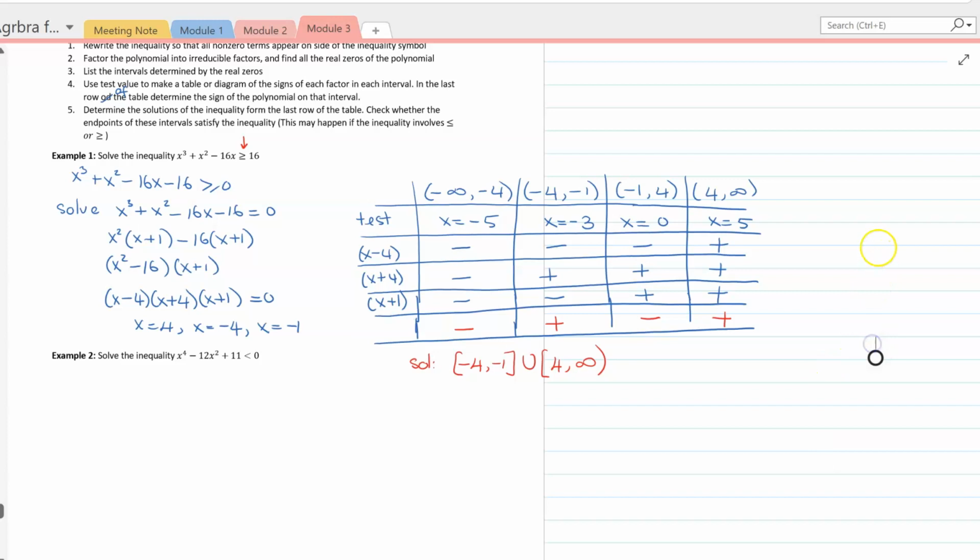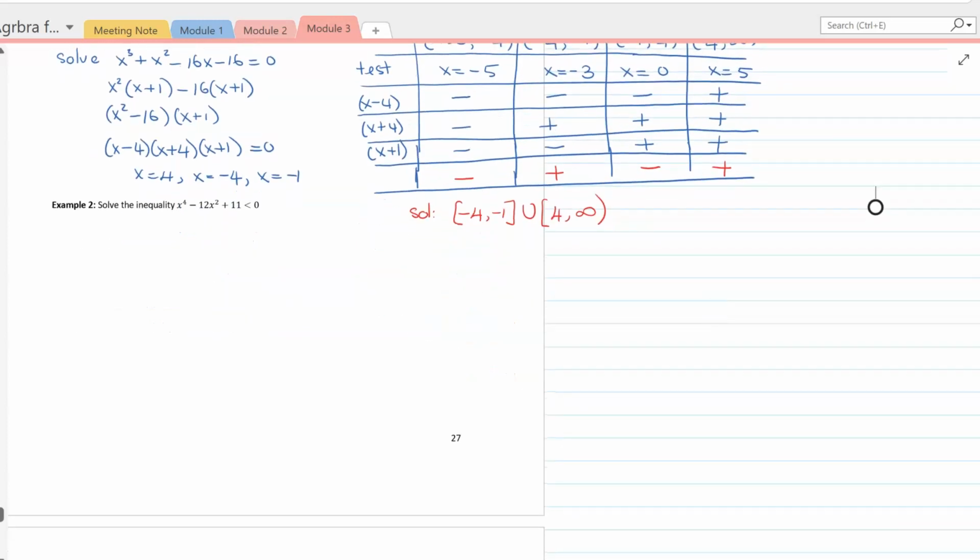Okay. So let's take a look at the next problem. In this one, everything is already on one side of the inequality. I'll go ahead and solve the equation x to the 4 minus 12x squared plus 11 equal to 0. This factors to x squared minus 11 and x squared minus 1.